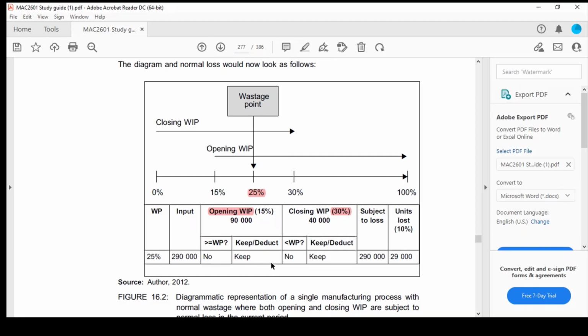So, in the spirit of saying that we are trying to determine units that are subject to this normal loss, with the opening WIP, you have to check, did it come before the wastage point?